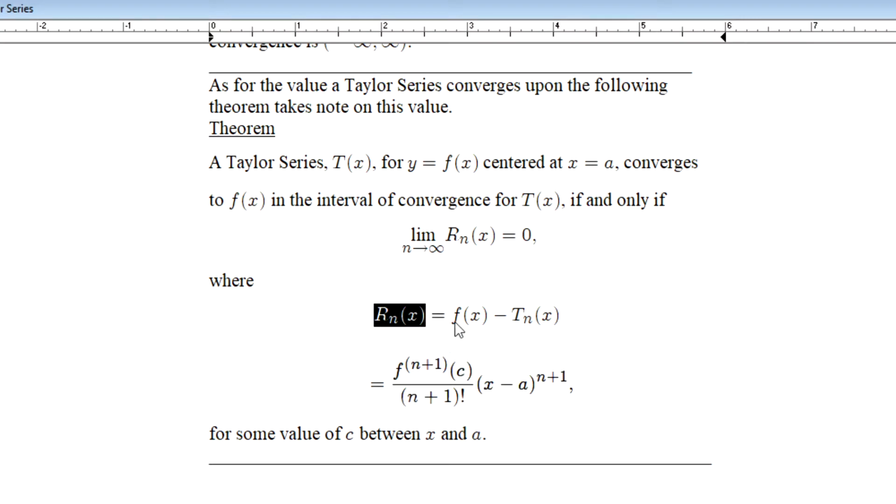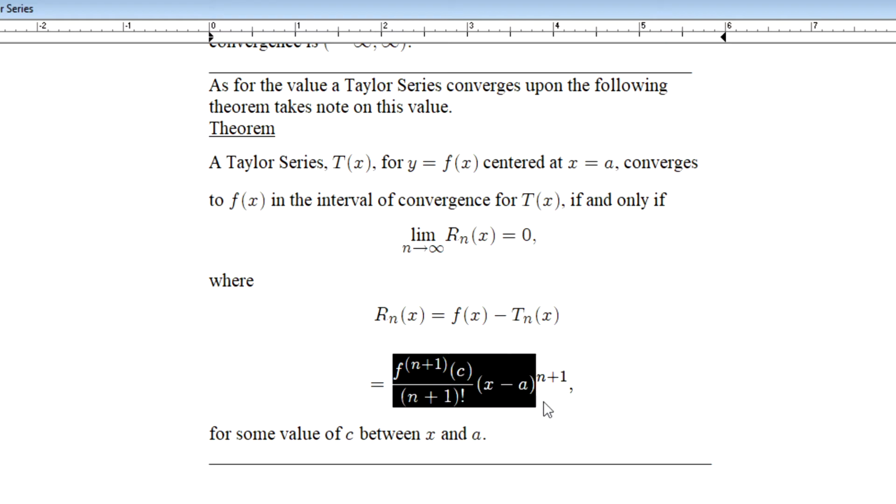What remains as a remainder between f of x and T sub n of x is going to be this quantity here, right? Where you'll notice this quantity here is just the (n+1)th term given by the Taylor polynomial. If we were to go one degree further into the Taylor polynomial, there would be one more term.